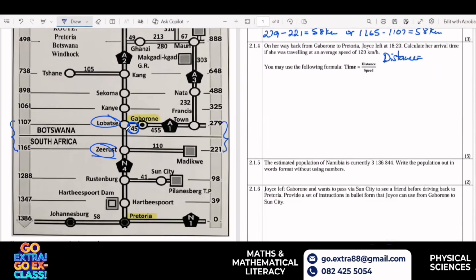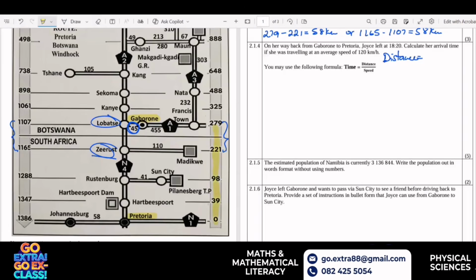A2 is the same as N4, so you will travel 45, plus the distance from this vertical side, coming here to the bottom. My line is very bad. This yellow line here is the distance that I'm talking about.